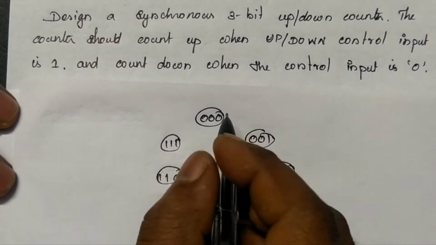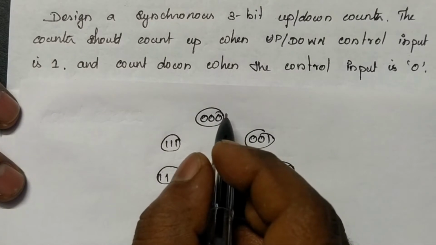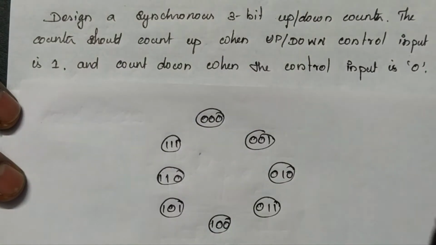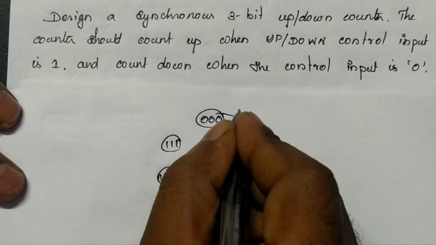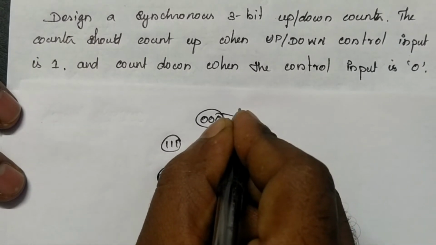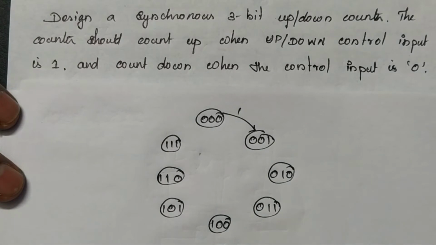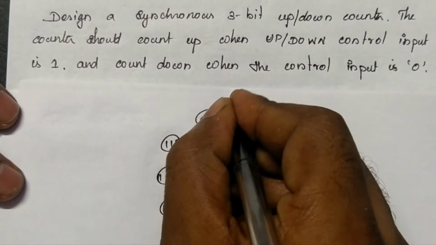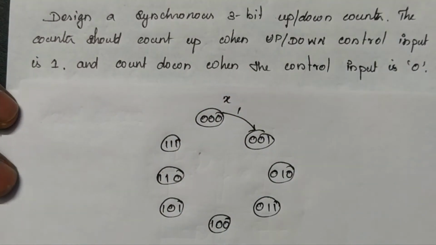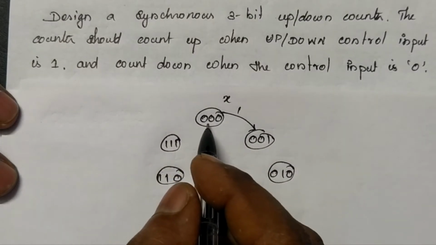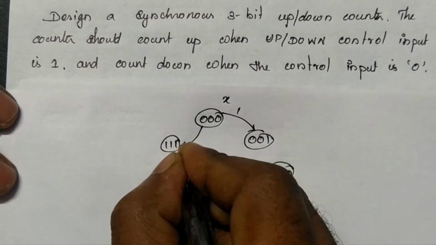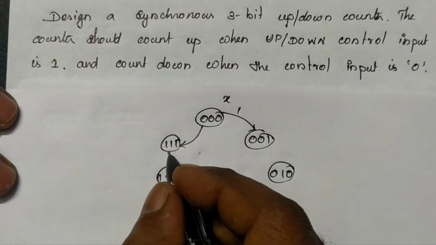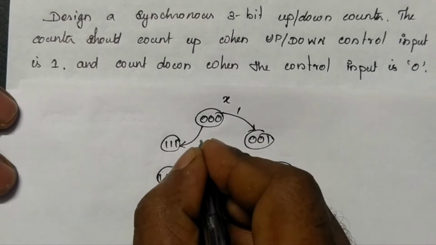So from the present state, if the input is 1 it will up count. So from 0 0 0 it will up count to the next value 0 0 1 for the control input 1. Here the control input, consider it as x. Likewise from 0 0 0, if the control input is 0 it down counts to the previous value, which is 1 1 1.